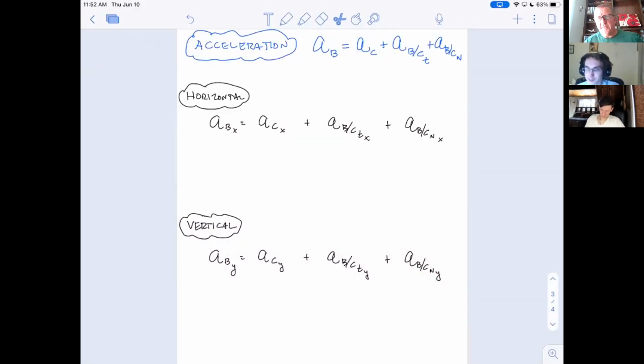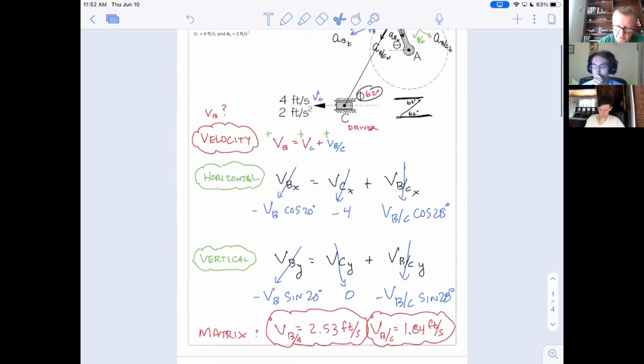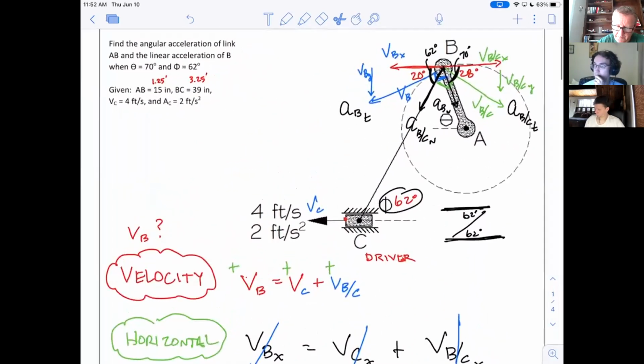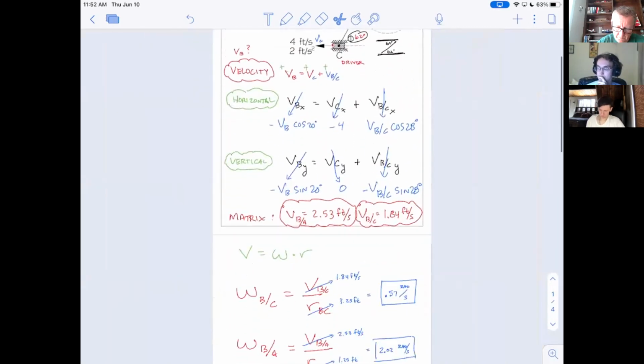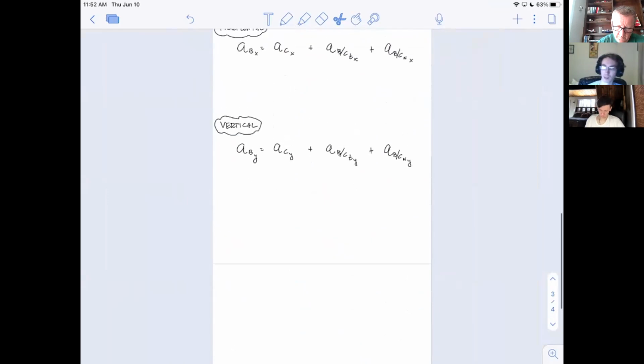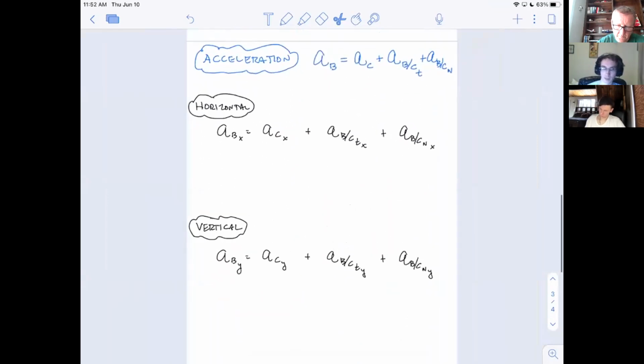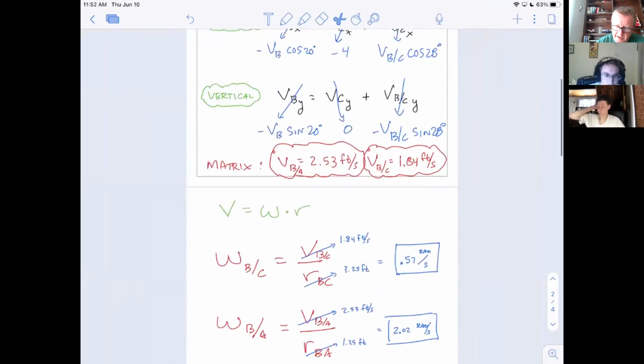So I'm going to replace a couple of things in this. I'm looking at acceleration of B, just starting on the left side of the equation. Unfortunately, I can't put these up so you can see them both at the same time. Acceleration of B in the X direction.